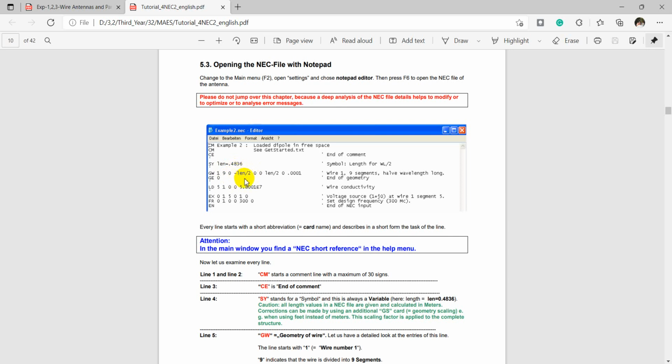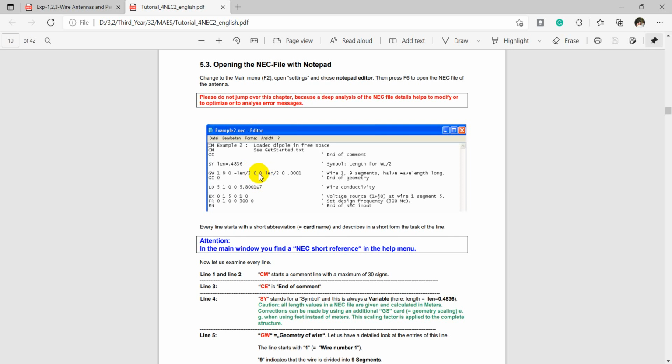Then the first 0 indicates the value of the x-axis, which is x1, then minus length divided by 2 indicates the value in the y-axis on the negative side, and the next 0 indicates z1, the height, which is 0. It is on the ground, which indicates the antenna is designed on the ground.